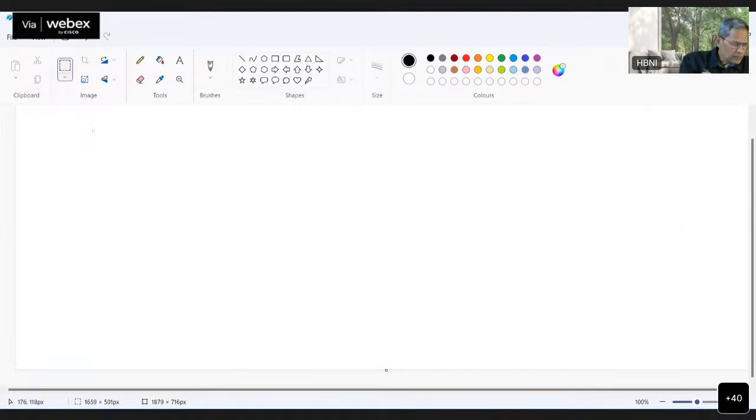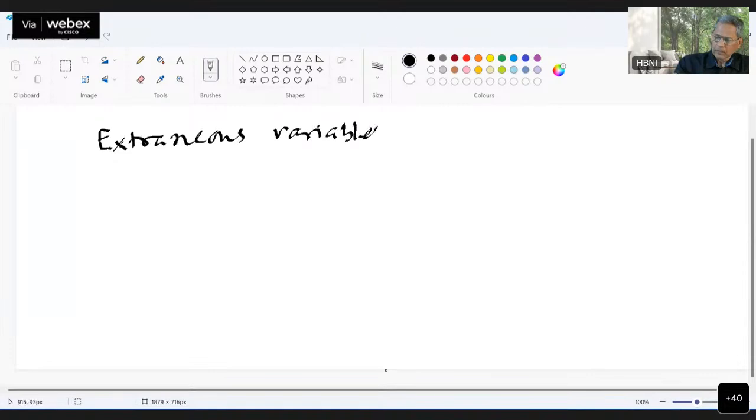There is another concept that is called extraneous variables. Independent variables that are not related to the purpose of the study. That means, suppose y is your dependent variable and x is independent.